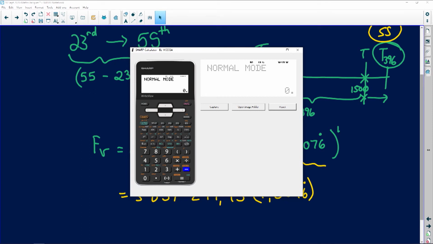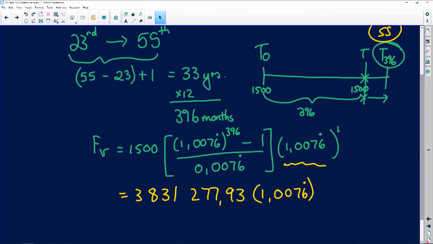We have our 3,831,277.93 multiplied by 1.007, and now you'll see, put as many sixes as I can, and that gives me 3,860,651. 3,860,651 is what Tsepo would have in this account on his 55th birthday.